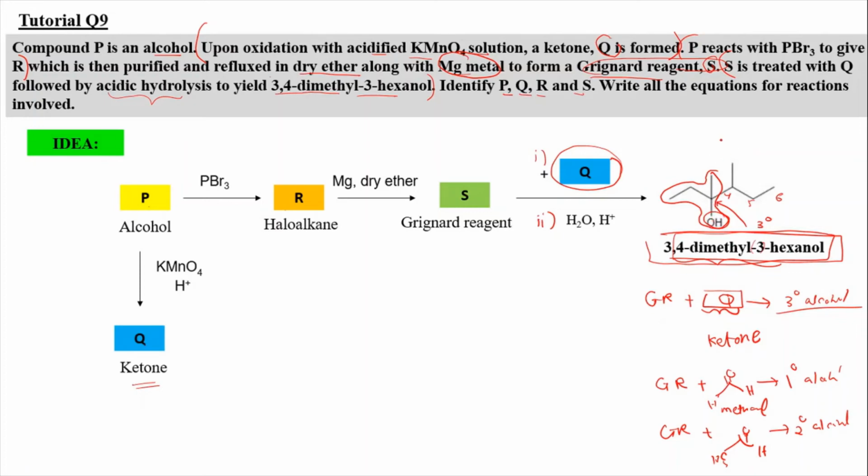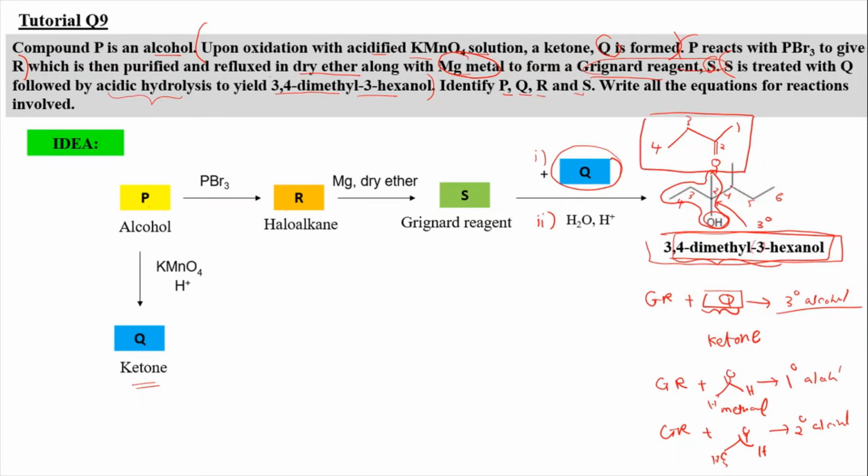So if I'm going to go the reverse way, the OH here is going to become the double bond. So I have 1, 2, 3, and 4. And then at carbon number 2, I'm going to have a double bond here, which is carbon double bond with oxygen. So this is going to be my Q because I'm deducing it from here.